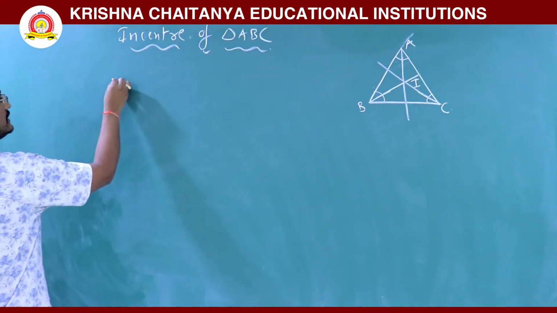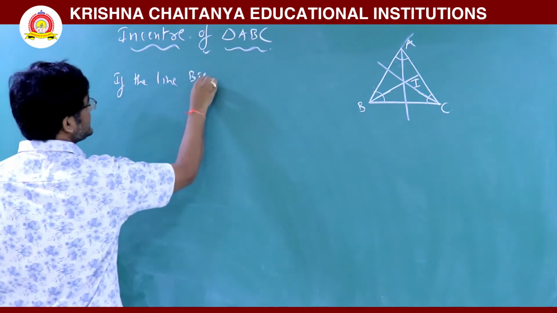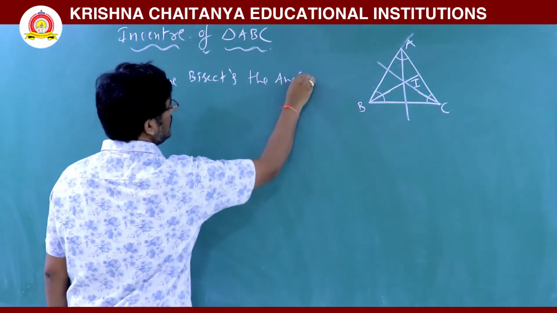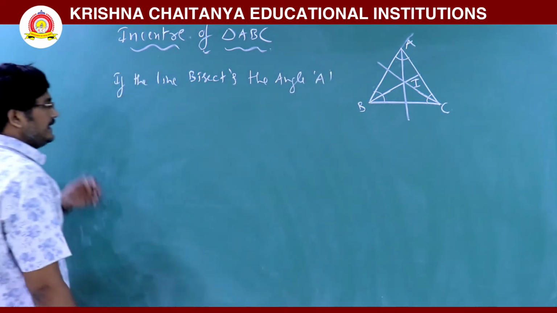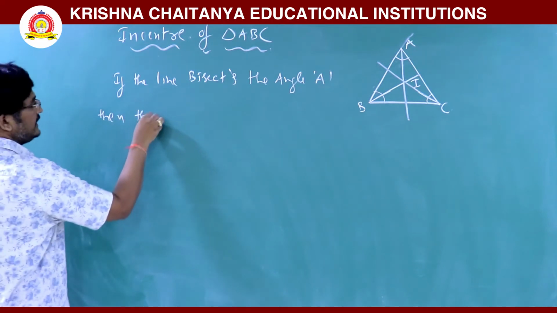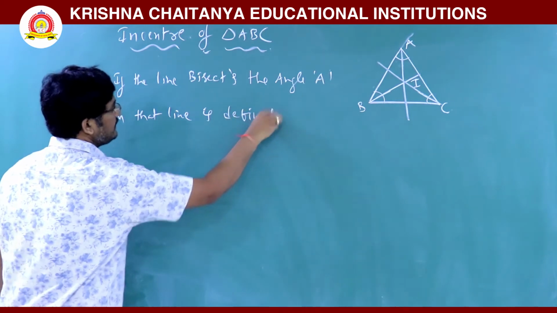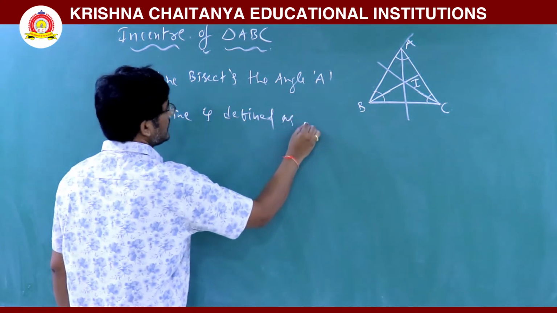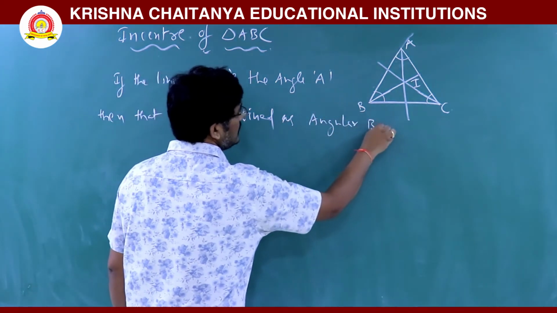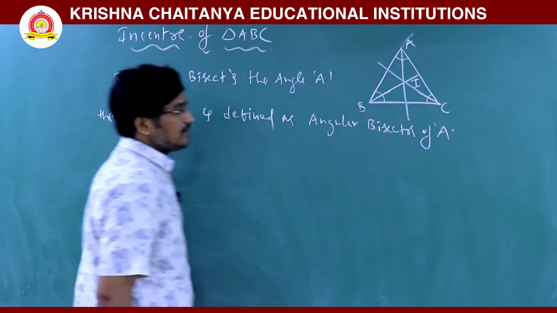If a line bisects the angle A, then that line is defined as the angular bisector of A. Remember.